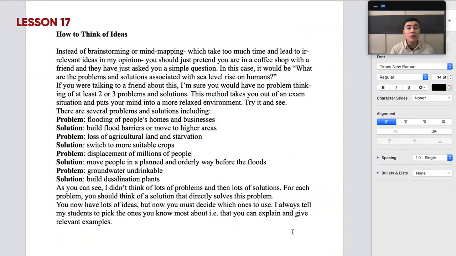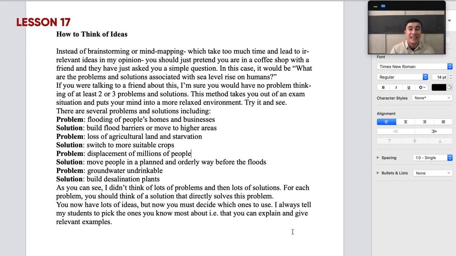Okay? Now let's talk about generating ideas. So how to think of ideas? Most of the time, many IELTS candidates prefer to use brainstorming or mind mapping strategies in order to generate some ideas.